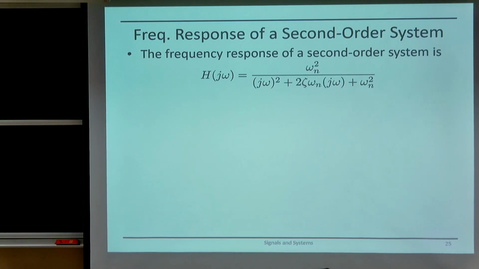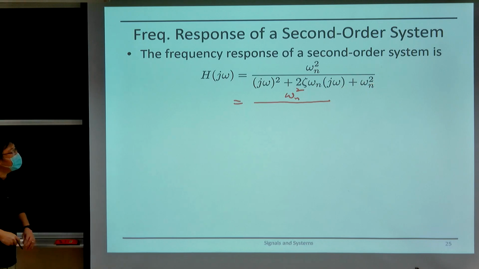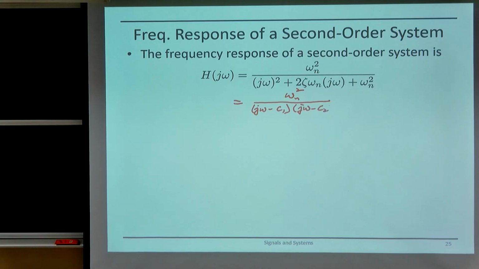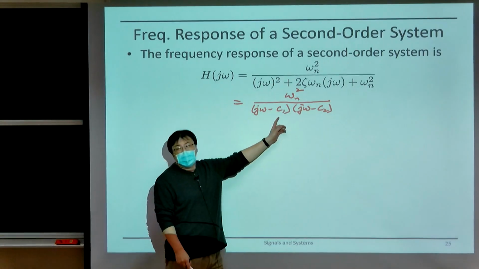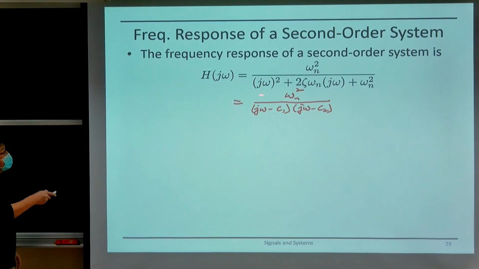For this system, I can write it as omega n squared over, and here we have a quadratic form in the denominator. So I can split this into j omega minus c1 times j omega minus c2. And we all know how to find the roots, c1 and c2, of this quadratic equation.